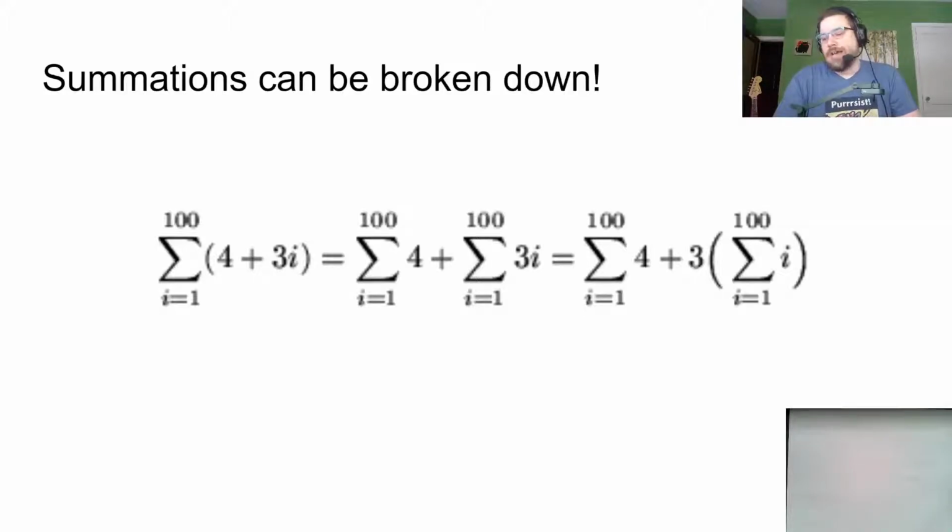Anyway, here's an example of why it's useful to put the speed of your code into summations: you can use some fun adjacent mathematical properties. Like here we can break 4 plus 3i into two different summations, and then here we have this 3i, which we can actually pull out entirely because of the distributive property, right? If I have 3 times 1 plus 3 times 2 plus 3 times 3 plus 3 times 4, that's 3 being multiplied by each term of an addition.